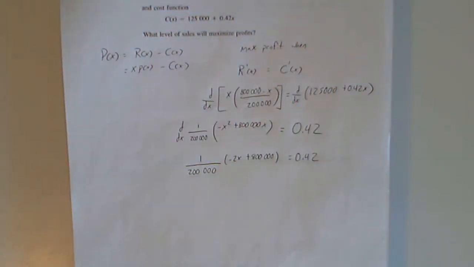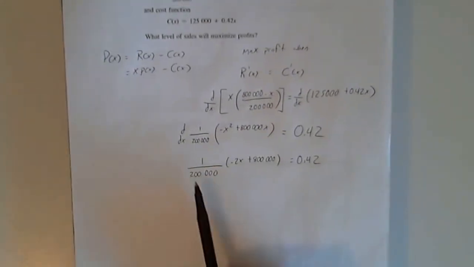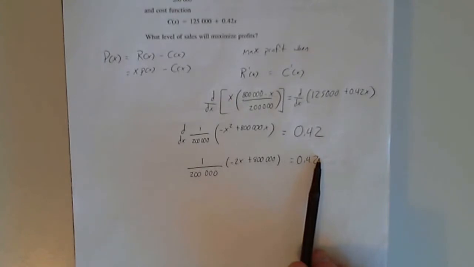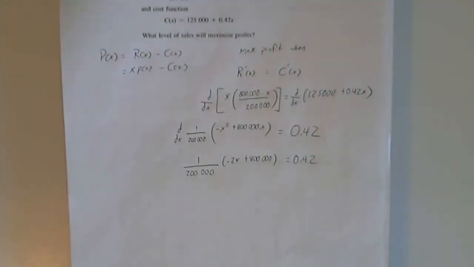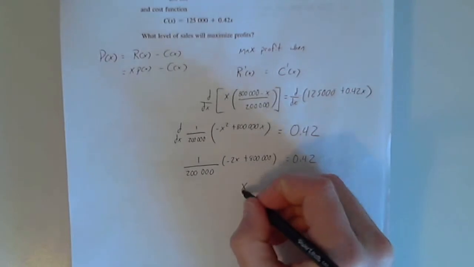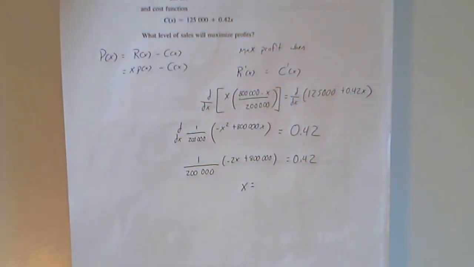Okay, now we just need to solve that equation. It's actually not too hard to solve. You can move the 200,000 up, and then subtract, and then divide. And you should get a solution of x is equal to 358,000.